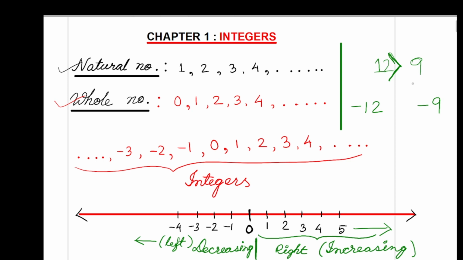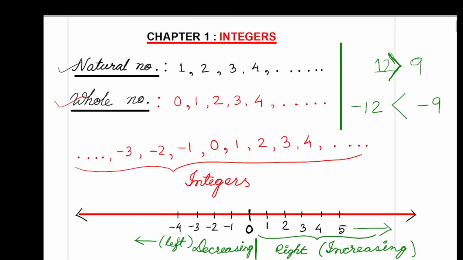Then the symbol will change to less than, because towards the left the negative numbers are decreasing. So minus 9 we will get first, then only we will get minus 12. So minus 9 will be the largest.